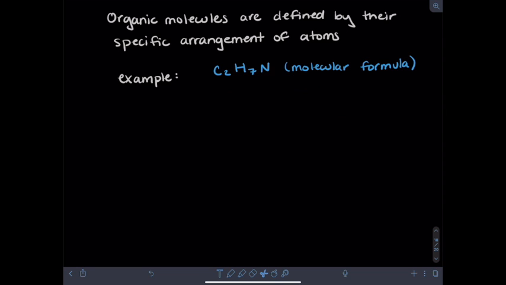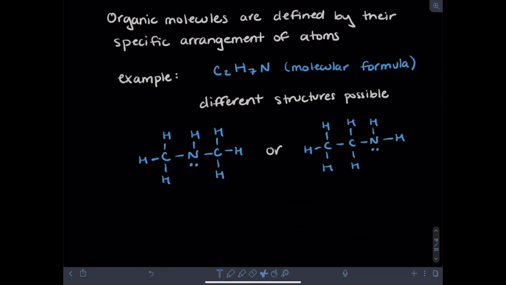For example, let's say I told you that I had a molecule with the molecular formula C2H7N. This tells you about the atoms making up the molecule, but it doesn't tell you the exact structure of the molecule. And it turns out that for this molecular formula, there are different structures that are possible.